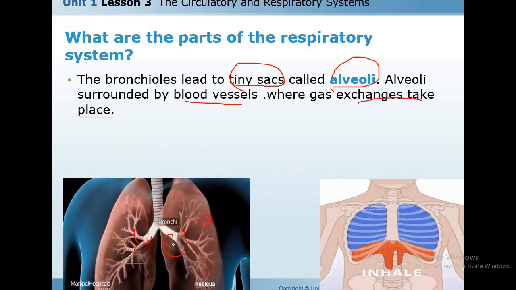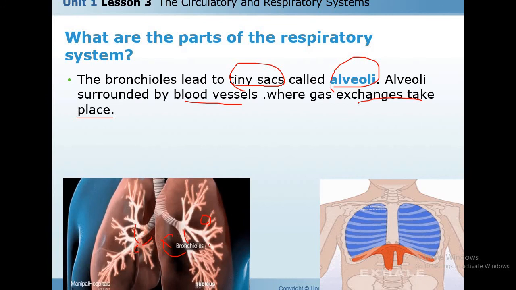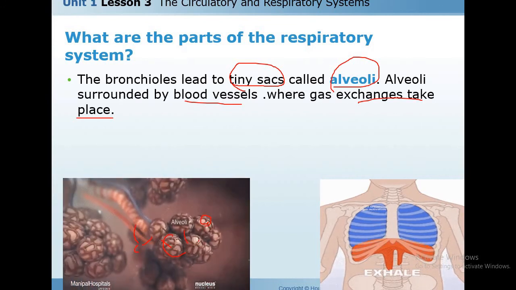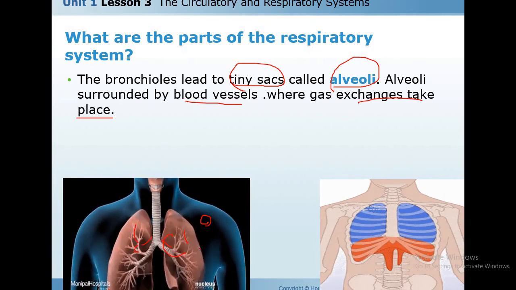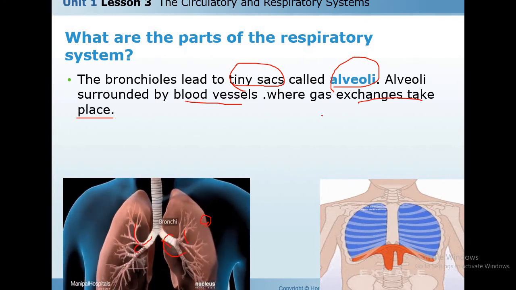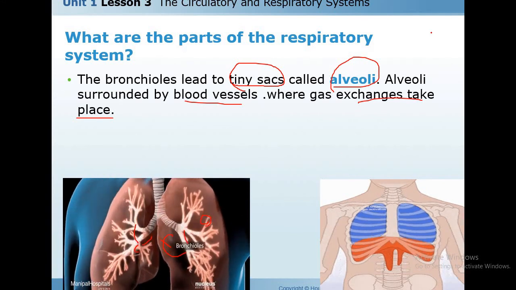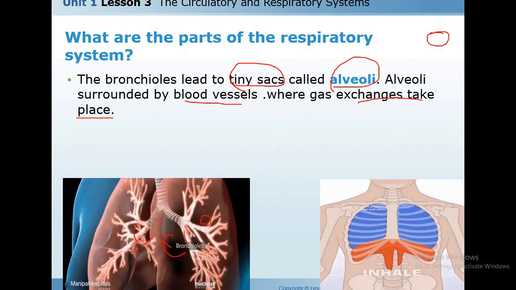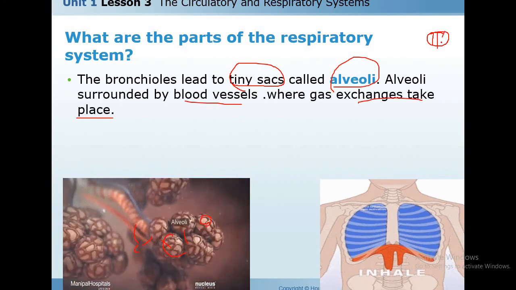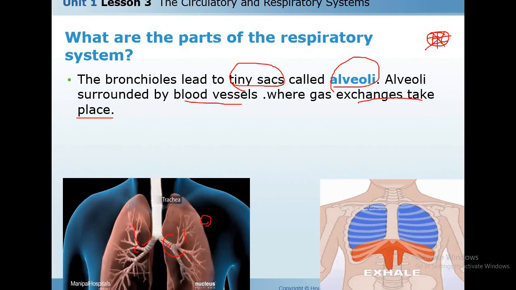Alveoli are surrounded by blood vessels, like in this photo. These blood vessels, or capillaries, are where gas exchange takes place. So gas exchange takes place in the alveoli. Alveoli like this are surrounded by blood vessels or capillaries, small blood vessels like this.